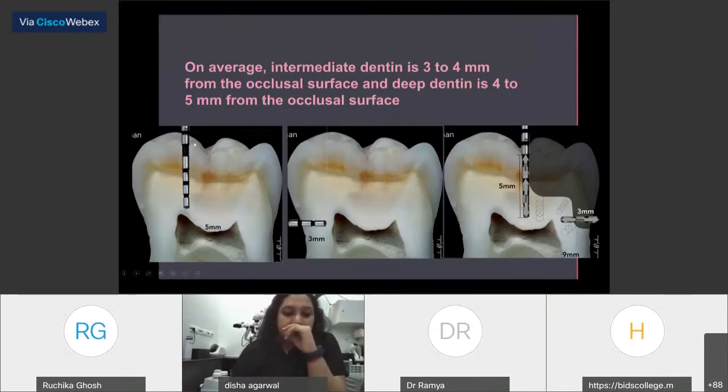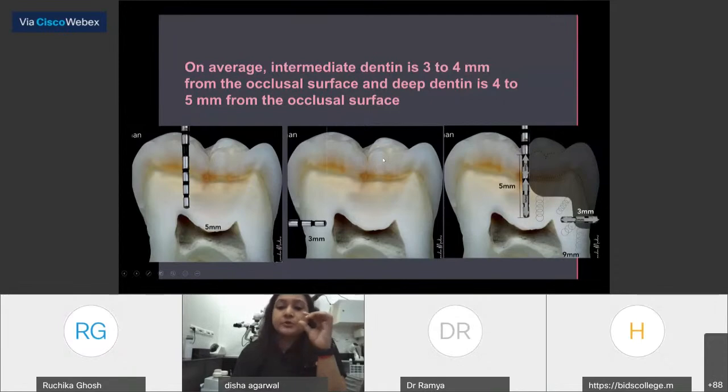From your pit, that is your groove, 5 mm is your measurement from top to the bottom, and from your proximal area to your judgment, 3 mm would be fine. But as you go deeper and deeper, you need to clinically understand that this size will become less.